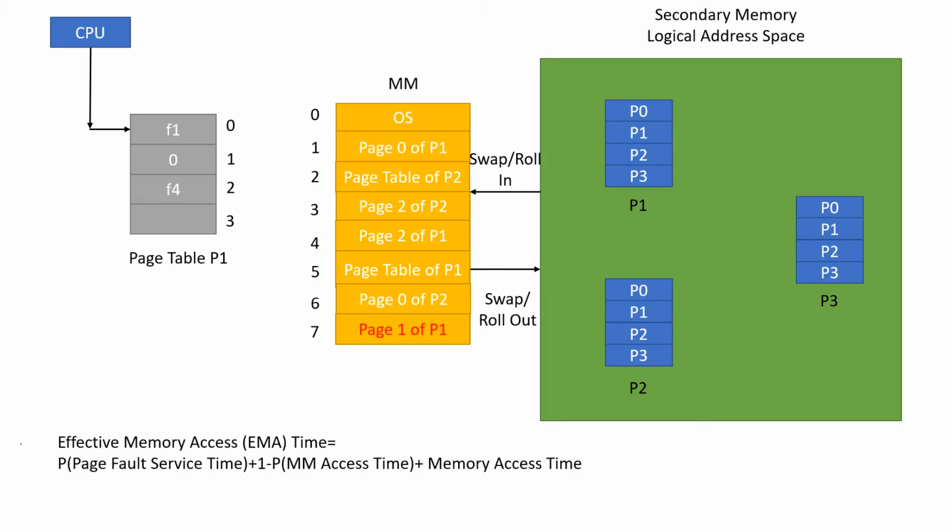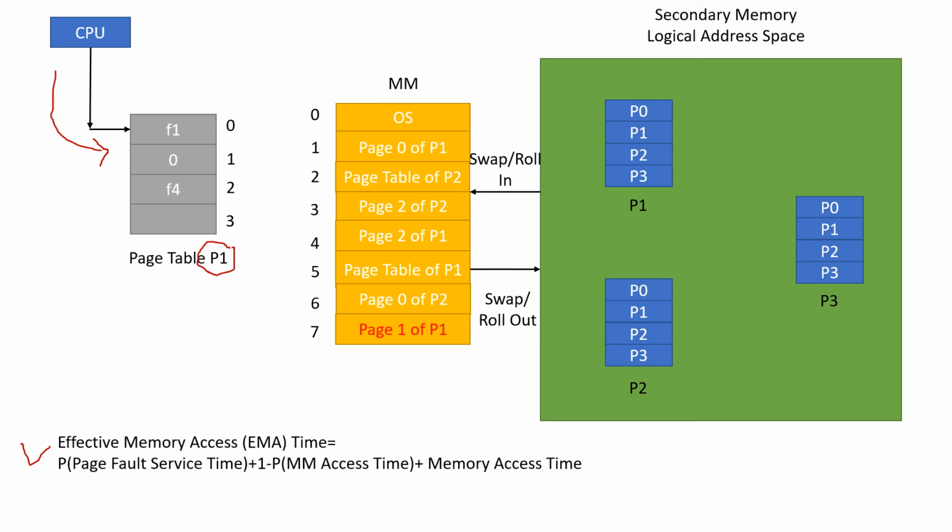Now we'll see how to calculate effective memory access time. So I will once again explain the entire procedure. Whenever the CPU wants to access a particular page from main memory, it will search in the page table of that respective process. For example, here I have shown a page table of process 1.